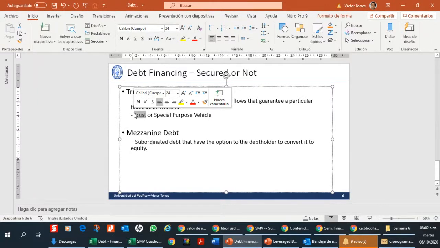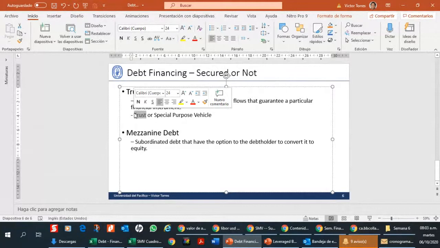special purpose vehicle. If you go back several years ago, a special purpose vehicle became very, very famous in 2000 because an energy company in the United States called Enron used them massively to hide from shareholders and other stakeholders that they had a massive amount of debt.